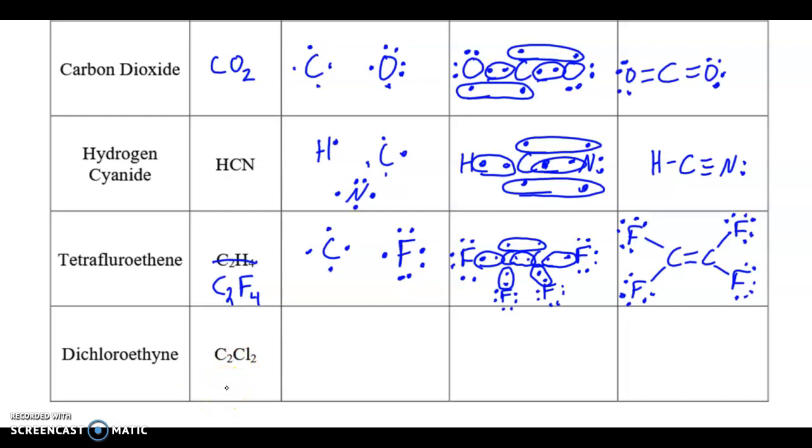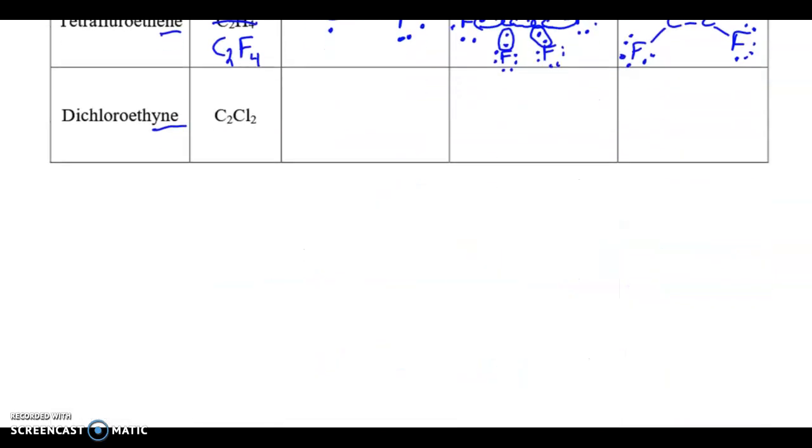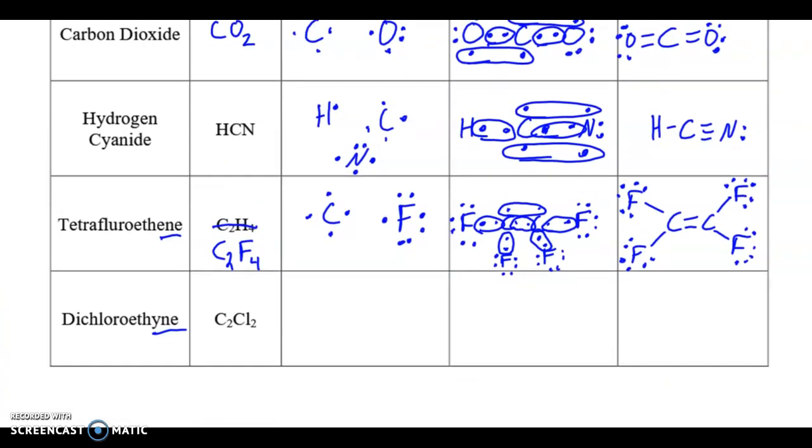Let's see, dichloroethane. By the way, you might notice that the enes have double bonds in them, and the ynes have, well, it's going to be a triple bond, just like the ethine up here. So that's not coincidence. Anyways, let's draw it. So here's the carbon. Here's the chlorine. All right, the two carbons are going to be central atoms.